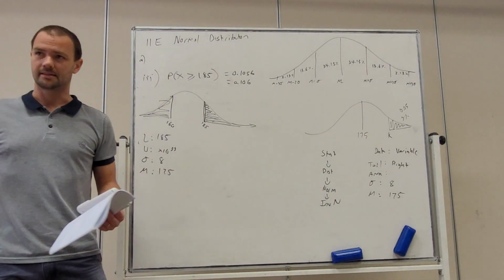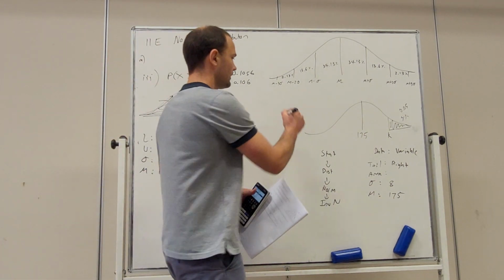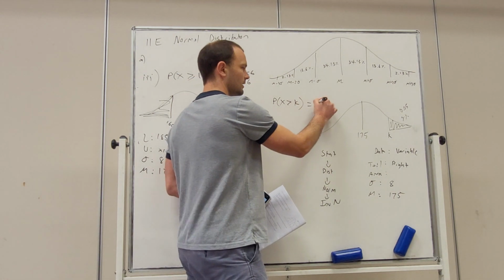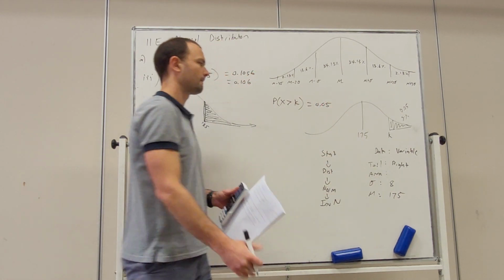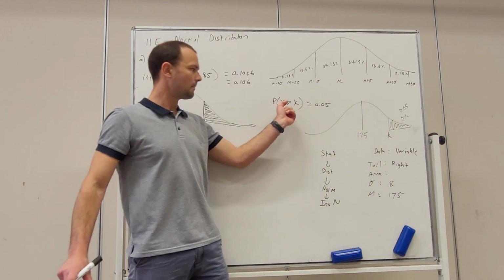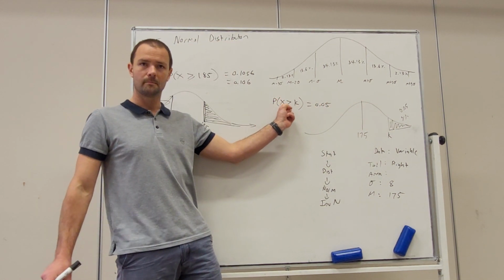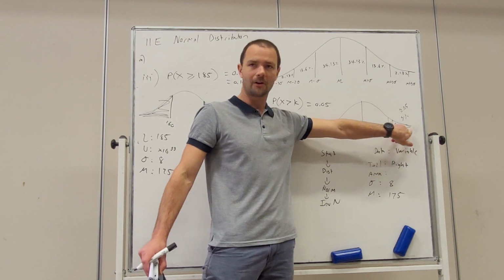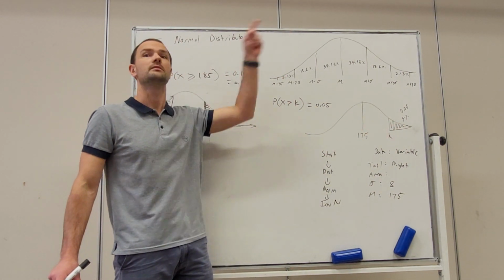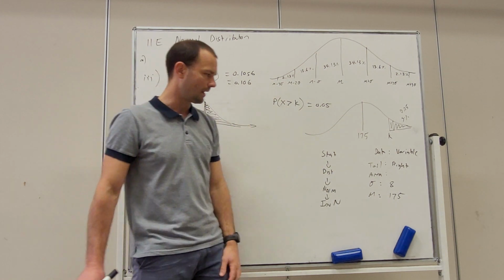Another way this statement can be written is, what's the probability of the height being larger than k such that it equals 0.05? All right, that's what this statement means. The probability of height being larger than k is 5%. And notice how the arrow is pointing to the right. So that's another way of thinking about it.